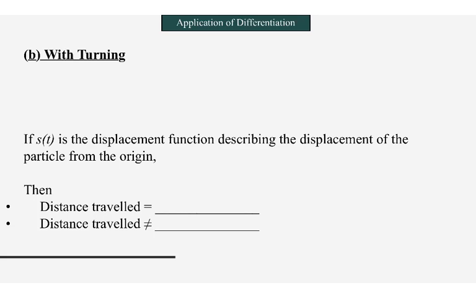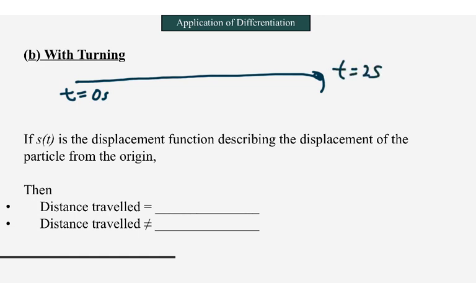We move on to the next part where the particle is moving with turning. For instance, if I have a particle that starts its journey when t is equal to 0 seconds, and when it comes to this point, it decides to make a turn at t equals 2 seconds, and then goes in reverse in this direction, reaching this point at t equals 3 seconds.